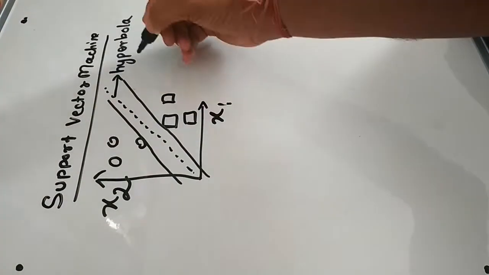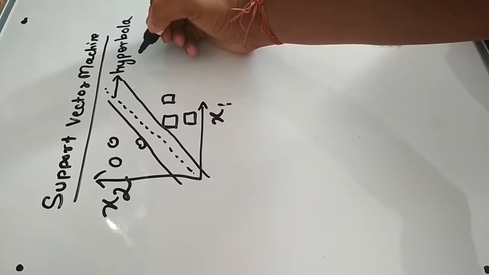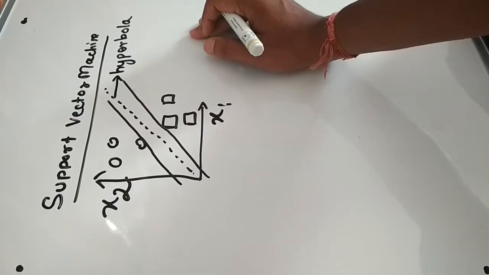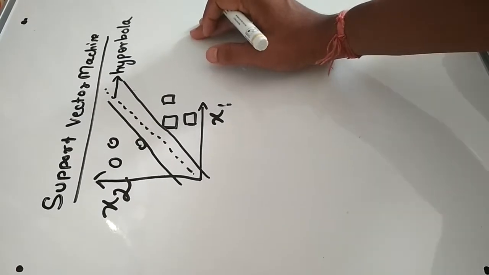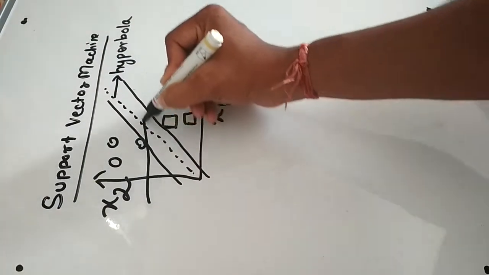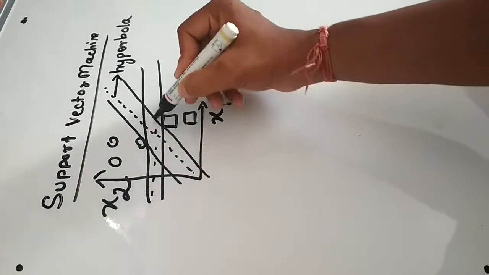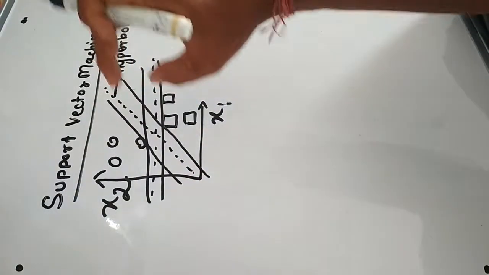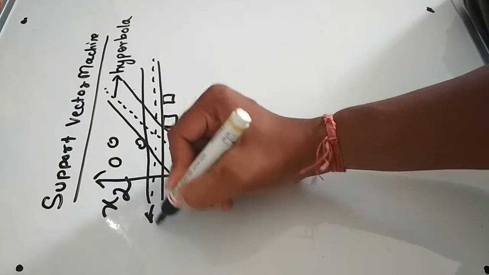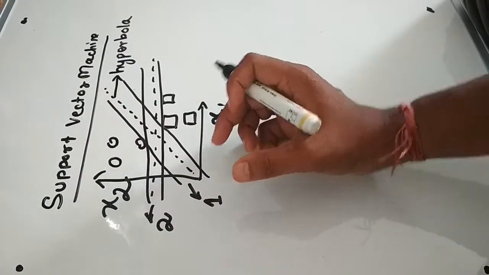For that we have to find the equation for this hyperplane, and from the equation we can draw a line. But how do we find the hyperplane? One more thing: we may also get a set like this. From this set 1 and this set 2, which one is more separable?